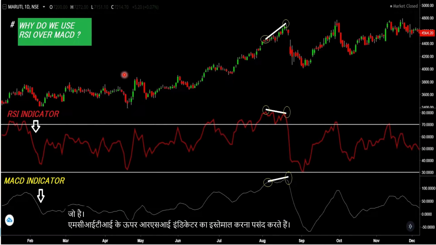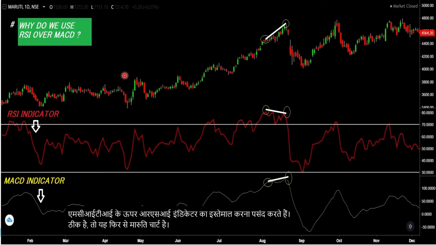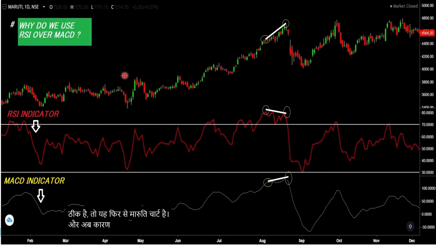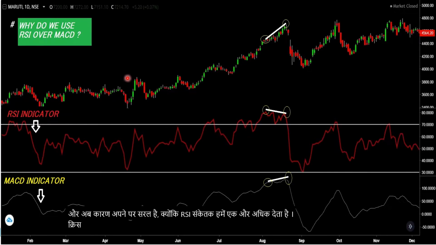Okay, so this is the Maruti chart again, and the reason is simple. It is because the RSI indicator gives us a more precise and clear divergence formation, which results in higher quality trade entries.